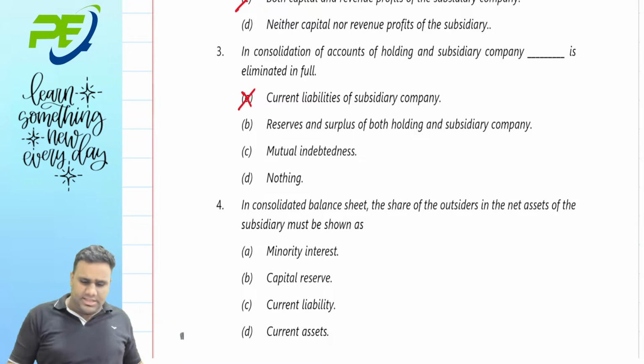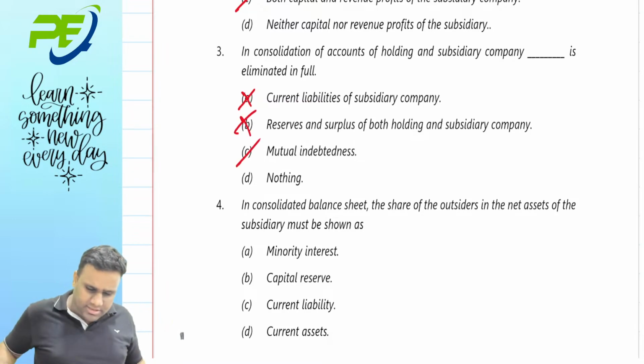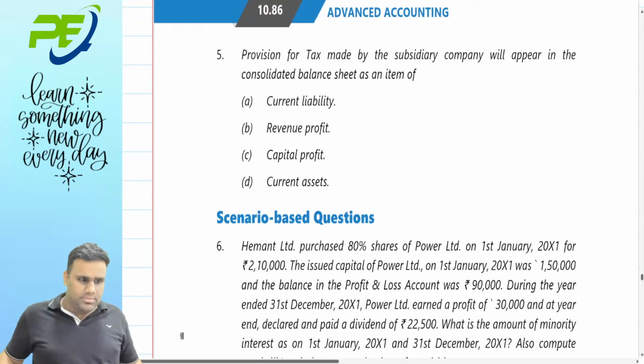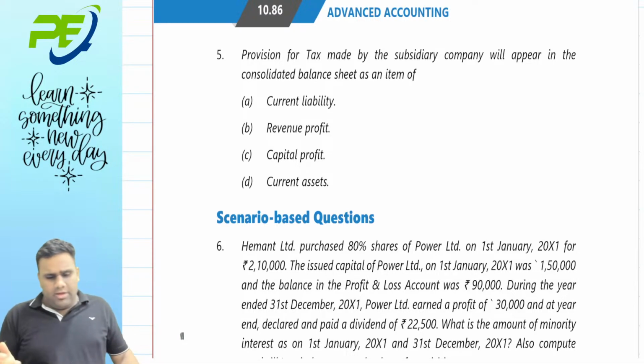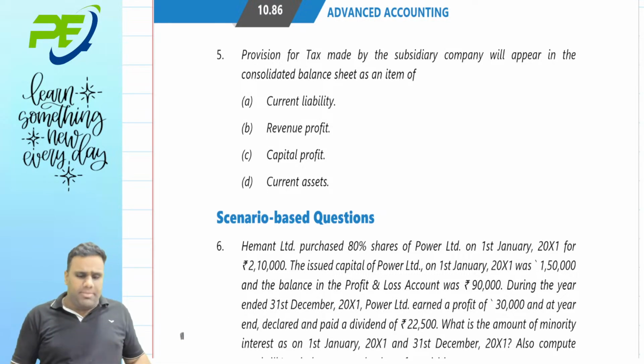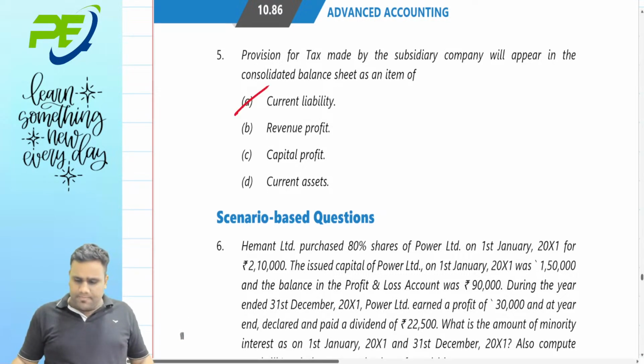No, we don't adjust mutual indebtedness. Minority interest. Let it be provision for tax for holding or subsidiary, both will come under current liability.